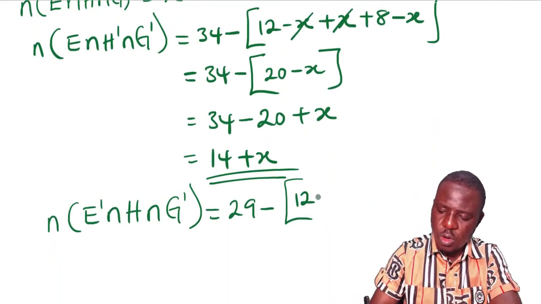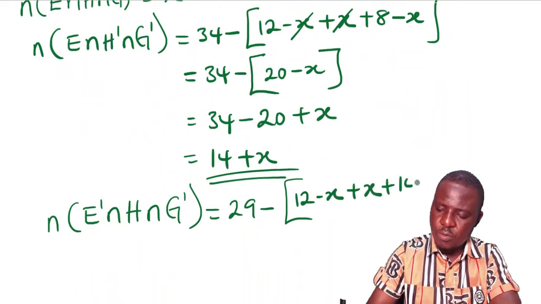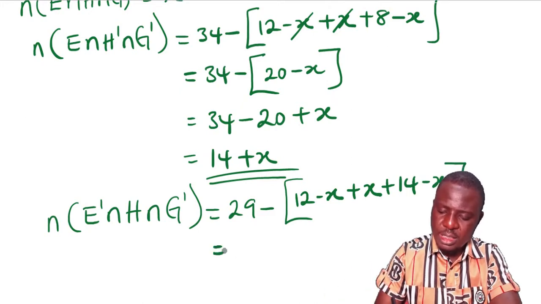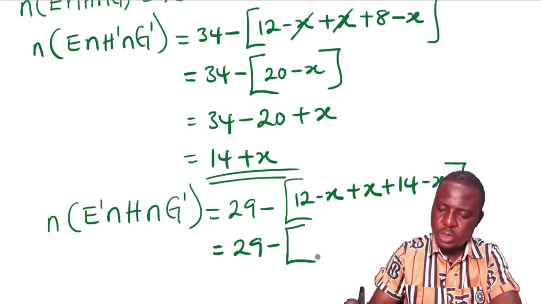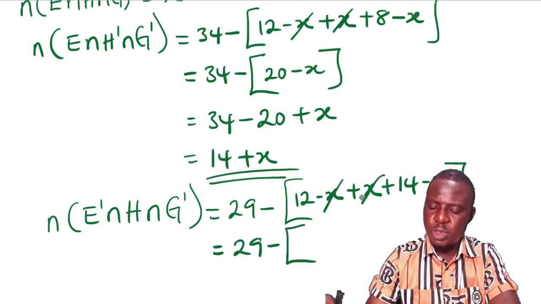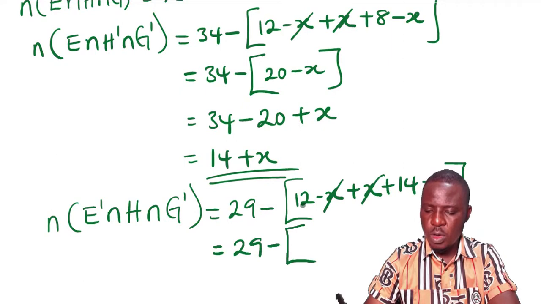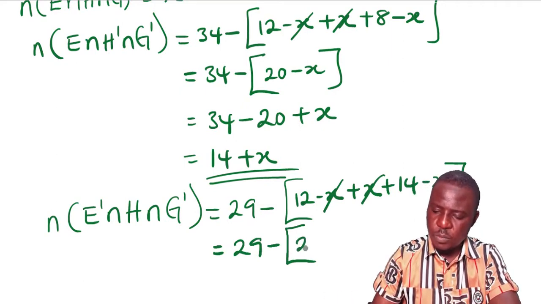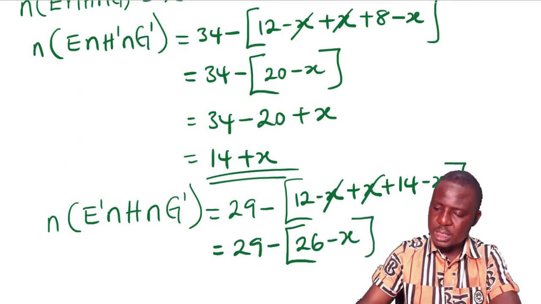So this becomes 12 minus x plus x plus 14 minus x. And this is equal to 29 minus, in brackets, minus x plus x is 0. 12 plus 14 gives us 26. So this is 26 minus x.